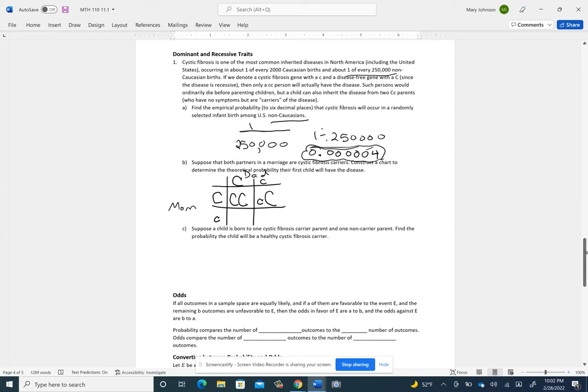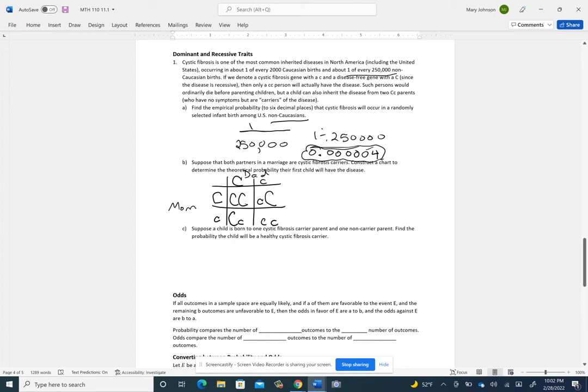Or they might get the little c from the mom and the capital C from the dad. I was trying to put them in the same order, but it doesn't really matter. Then little c from the dad and little c from the mom. The order you put them in really doesn't matter.